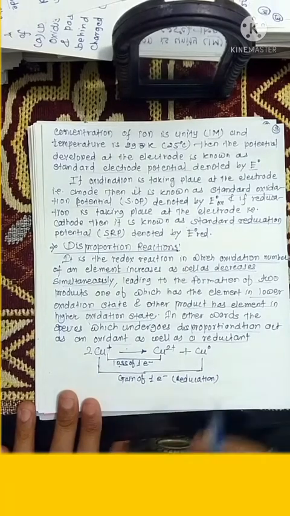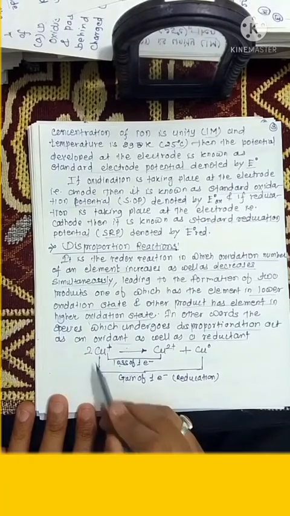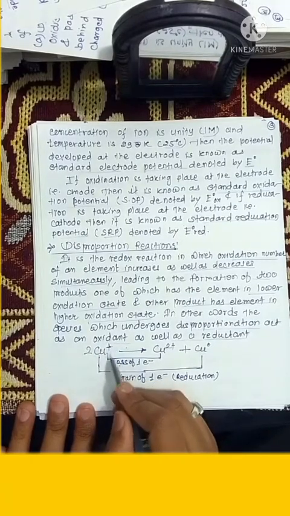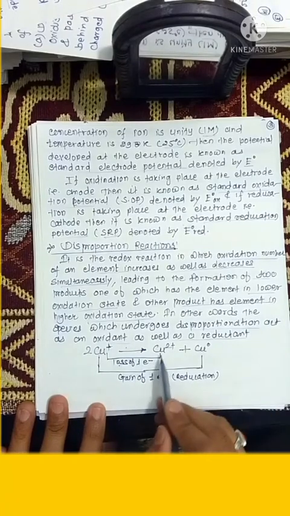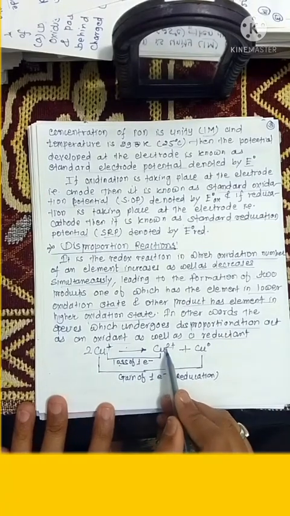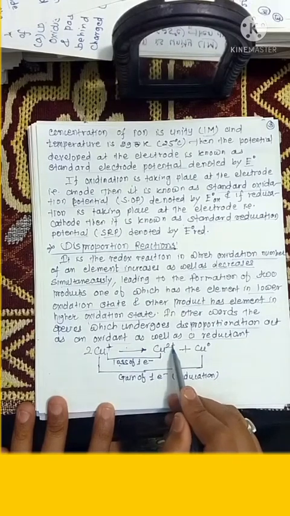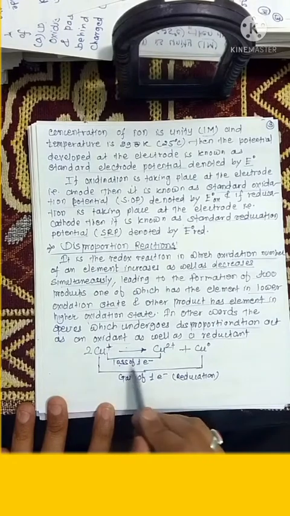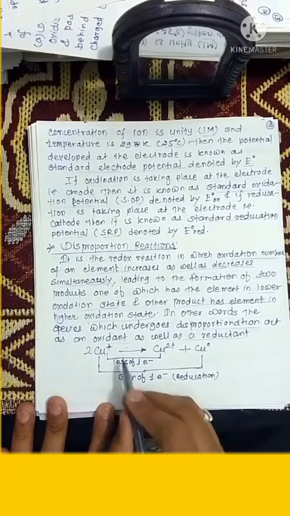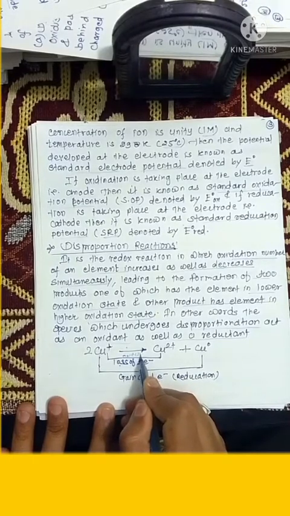Just see in this reaction, we clearly see that the oxidation state of copper is +1. But in this product, the oxidation state of copper is 2+. It happens because of loss of 1 electron. It means that it is an oxidation reaction.